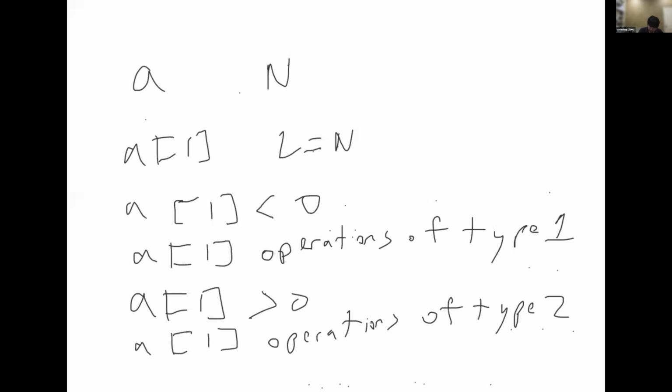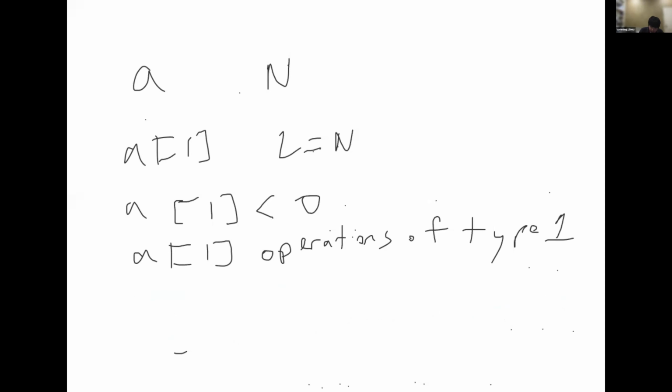So now that we know that, let's say we applied all these operations to the array. After we applied all these operations, we now have a of one equal to zero. And actually, we can solve the exact same problem again for a of two, because the same logic still applies.